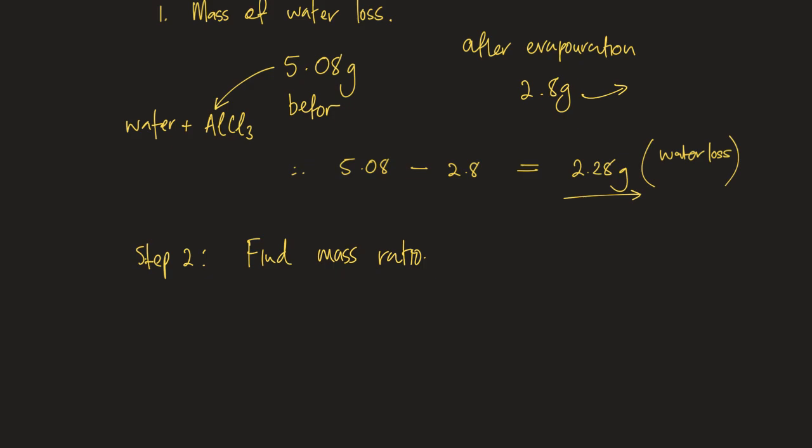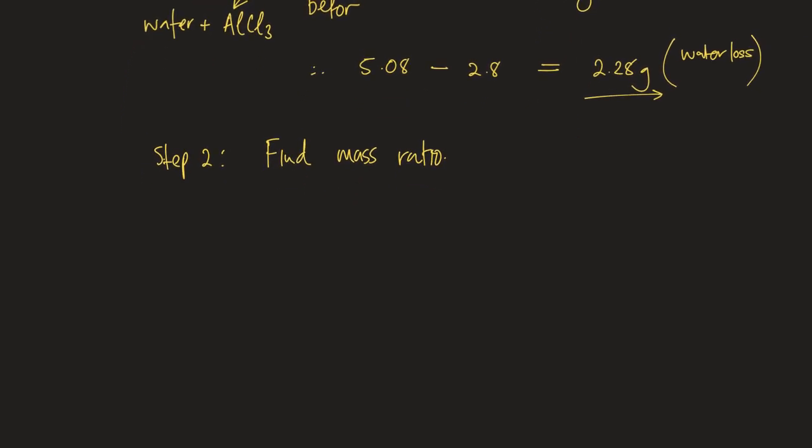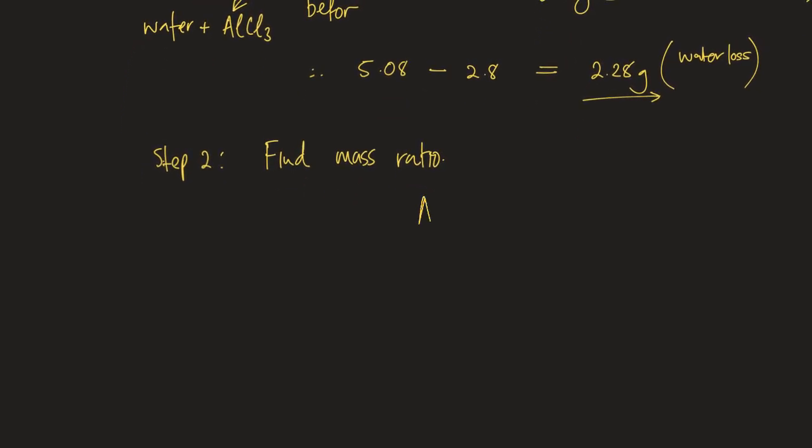This here was AlCl3 with no water. Now we have to look at the two ratios. I've got AlCl3 is to H2O, and the ratio is 2.8 is to 2.28. And it's in grams.